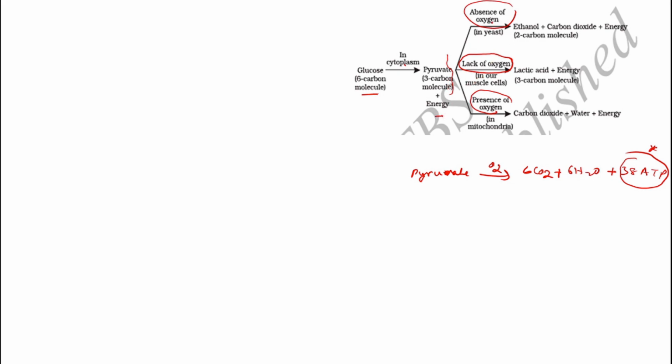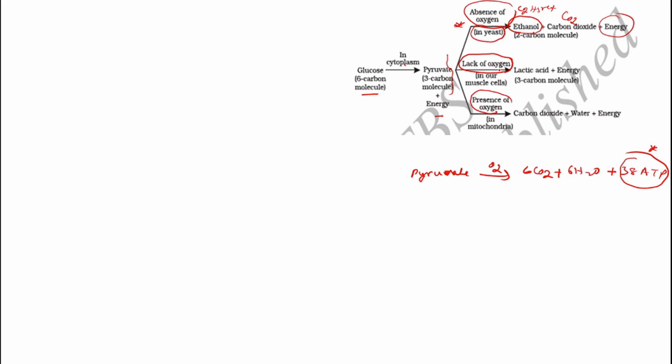Suppose oxygen is not there, it will take place in yeast. This is important, they may ask in the examination. In absence of oxygen, you will get ethanol. Ethanol is nothing but alcohol, plus carbon dioxide, C2H5OH, and energy.